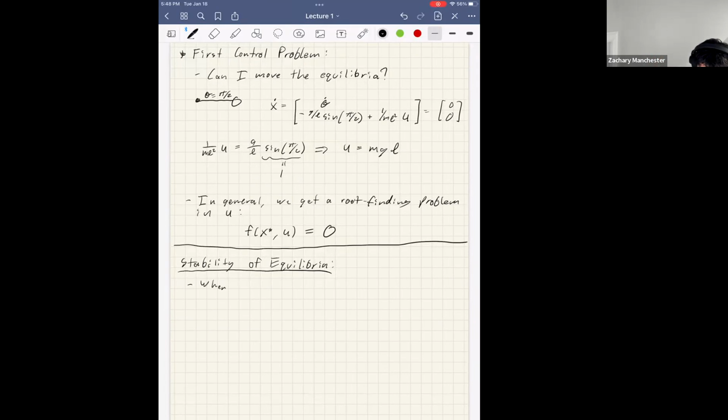So that's the question: when will we stay sort of fuzzy near an equilibrium point, say under small perturbations?